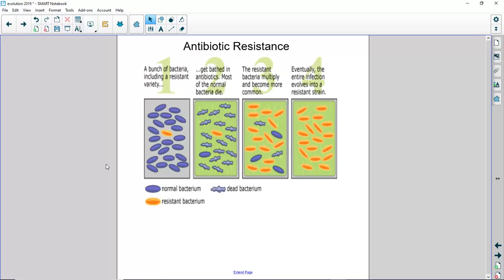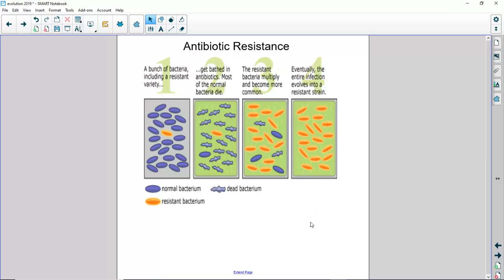So the introduction of an antibiotic, in this case a selection pressure, has caused the resistance to become more frequent. You put the antibiotic in, normal bacteria begin to die down, and antibiotic resistance increases. Again, it can become a resistant strain all on its own.